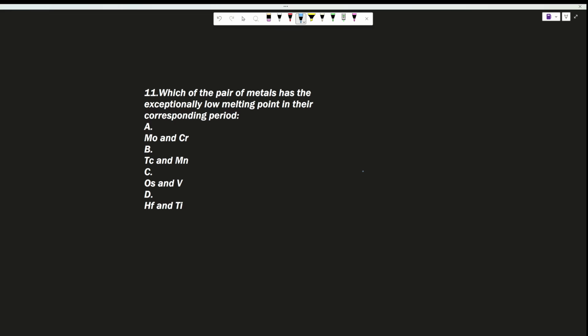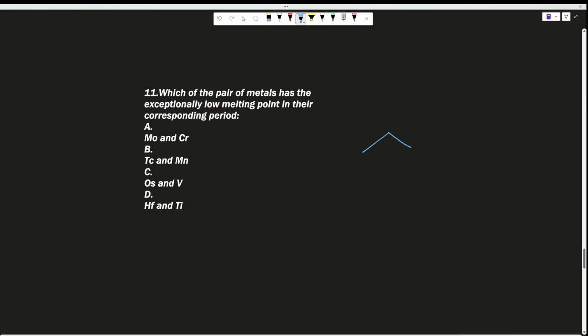First, due to the increase in the number of unpaired electrons, the melting point will increase from scandium to chromium. Then for manganese, it should increase, but you can see a dip there. It will go down.